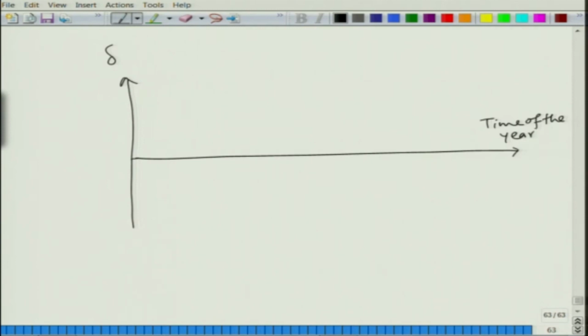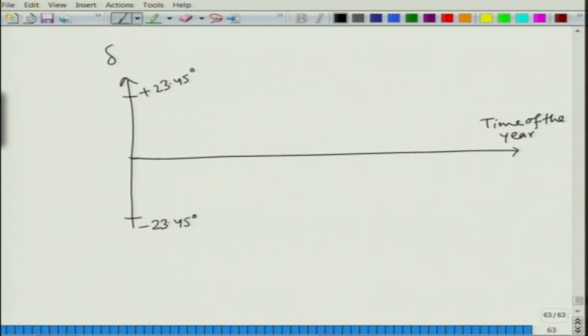First of all, we know that it will be bounded by two limits: positive 23.45 degrees and negative 23.45 degrees.